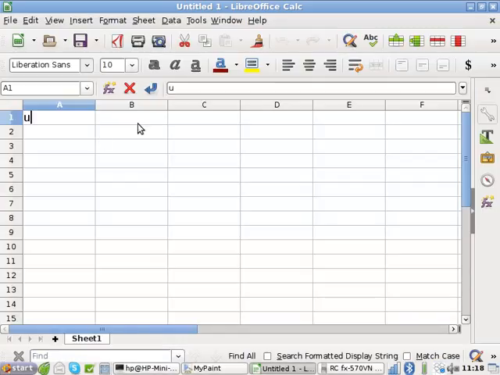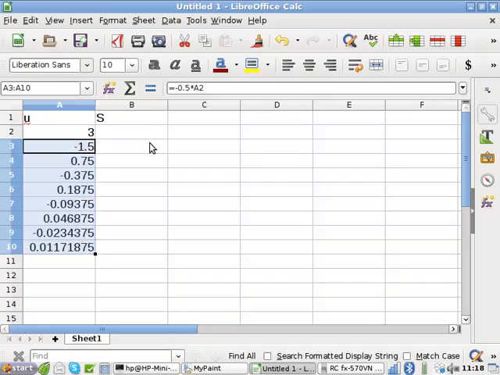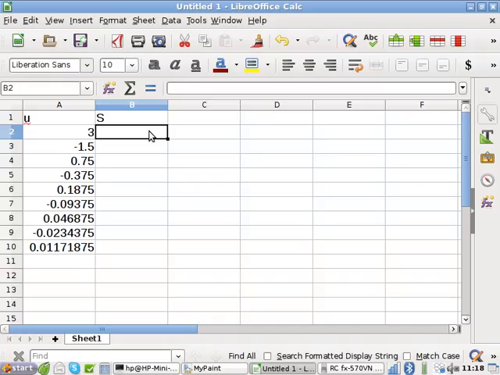Right, U and then S. So what was the first term? It was 3, and the next term was minus 3 over 2. So that's minus 1.5. And the next term was 3 over 4, and so on and so on. So let's add them up. So this is S1. That's just going to be 3.